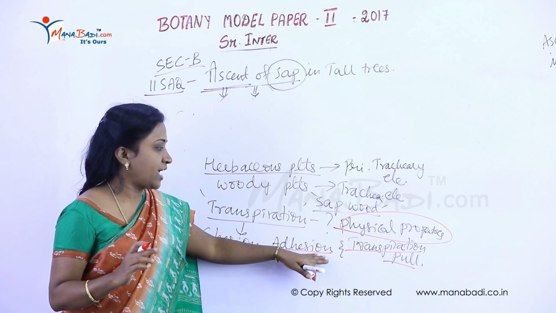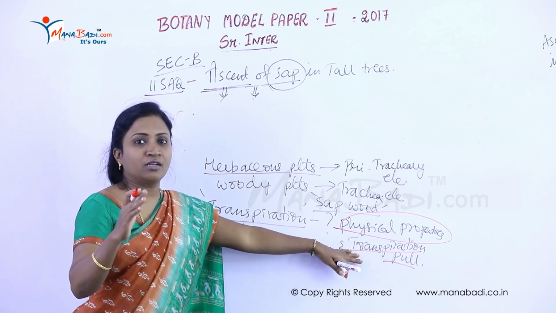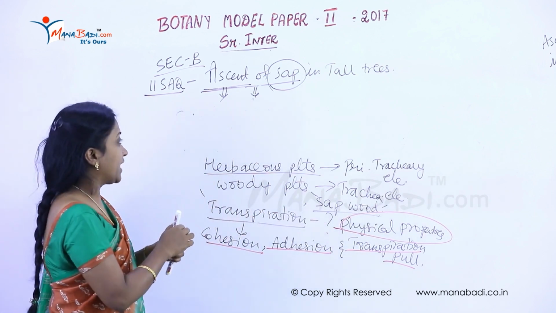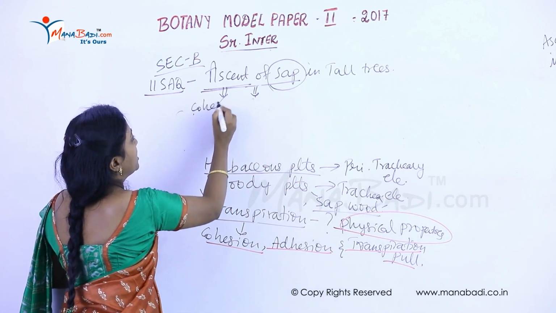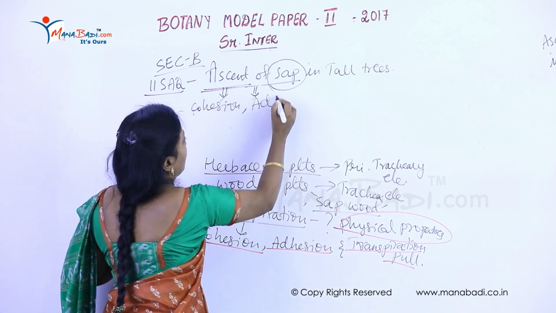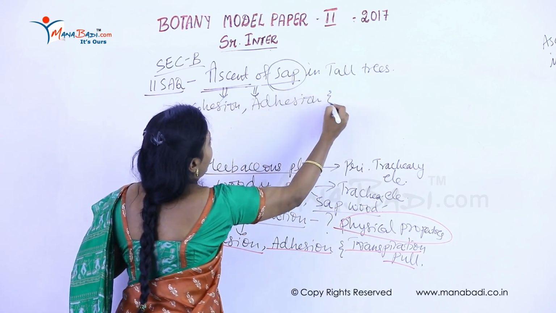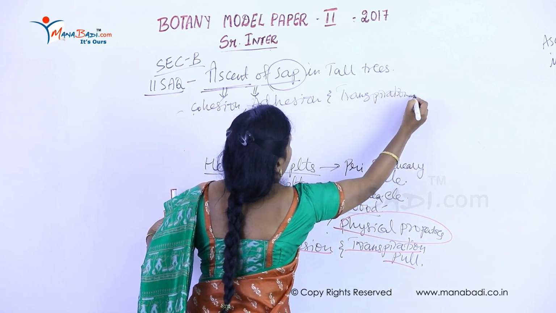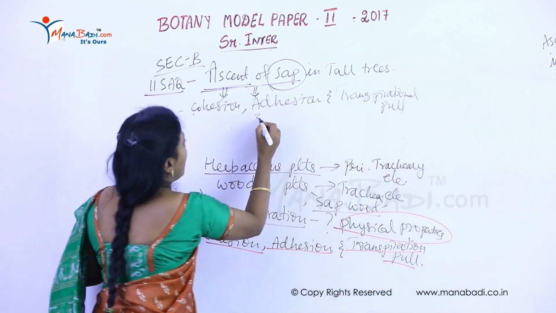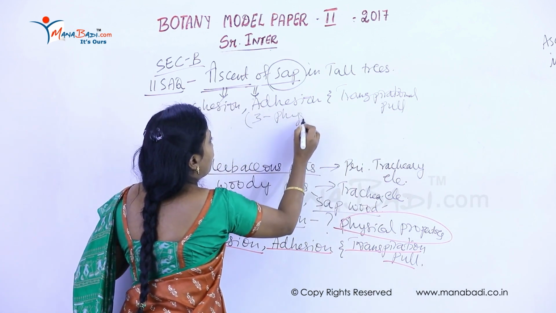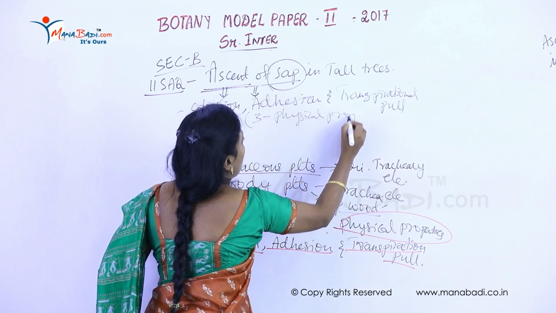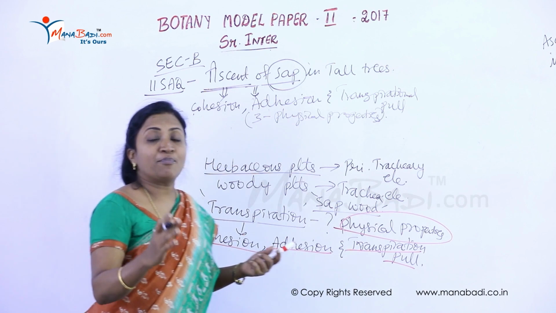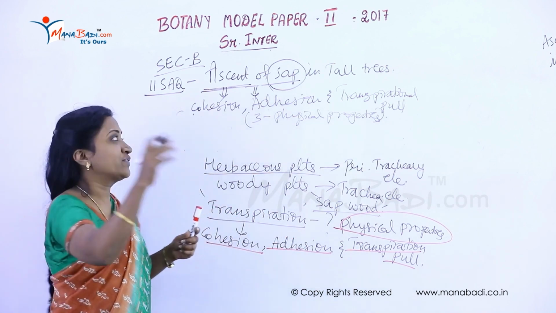Cohesion, adhesion and transpiration pull are the three physical properties which play an important role in the ascent of sap.